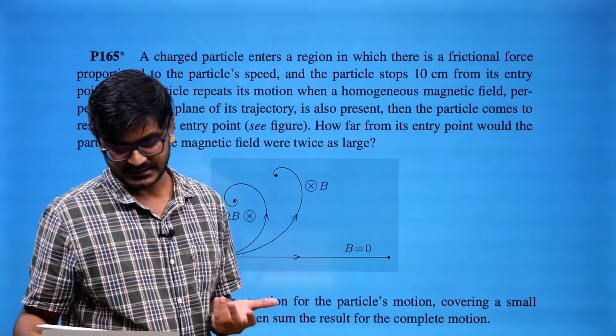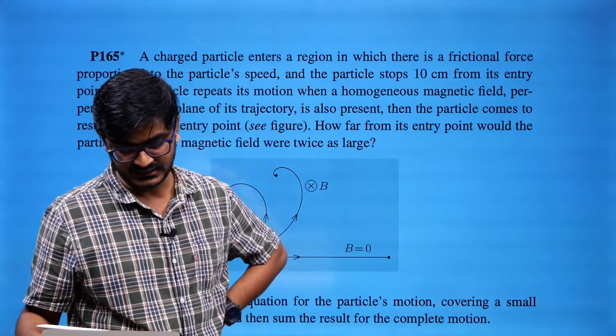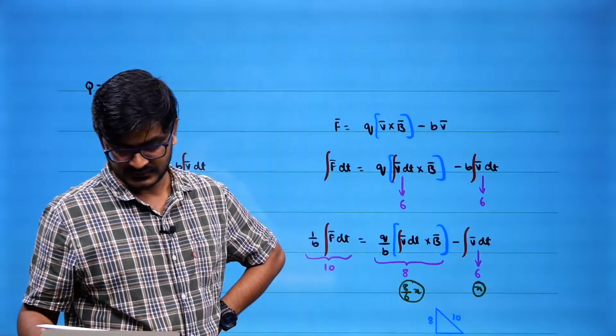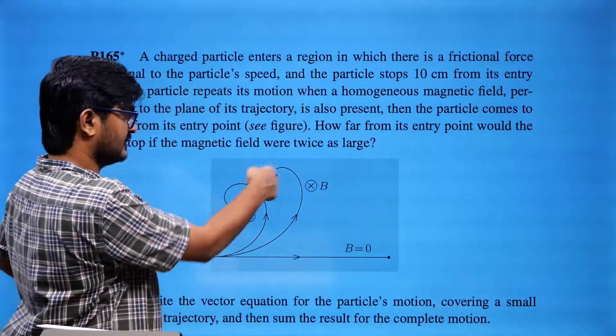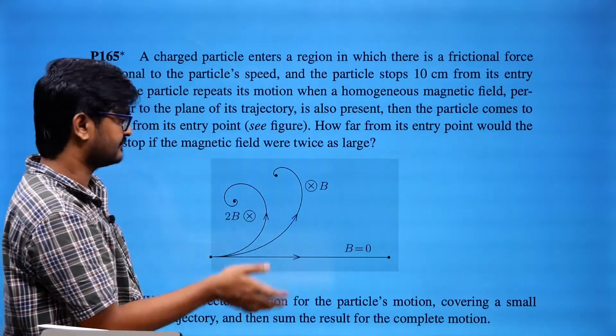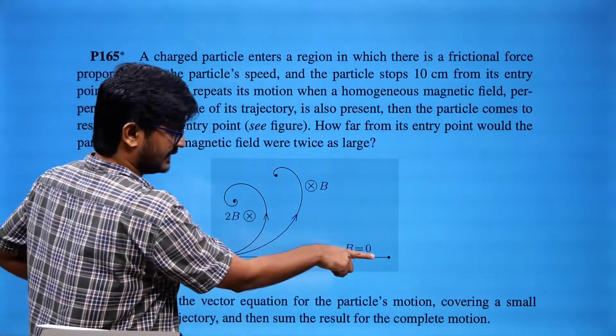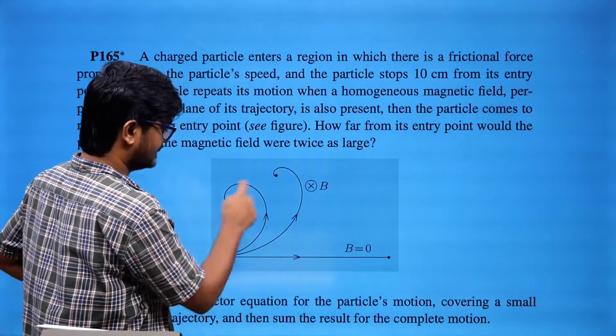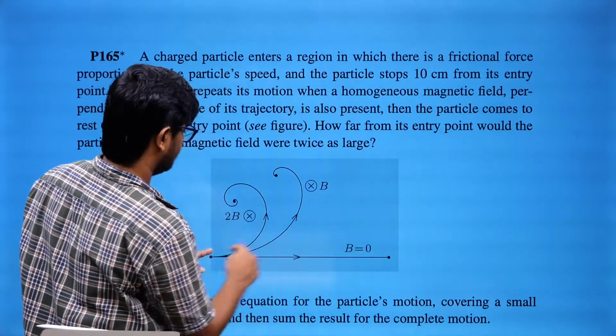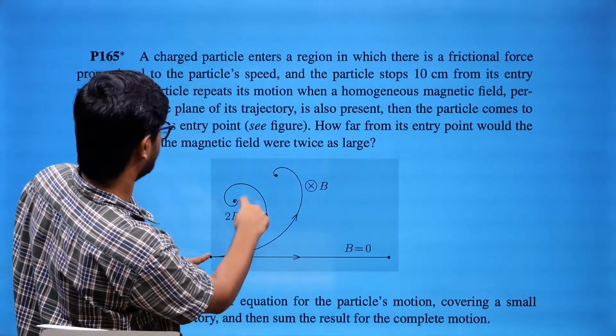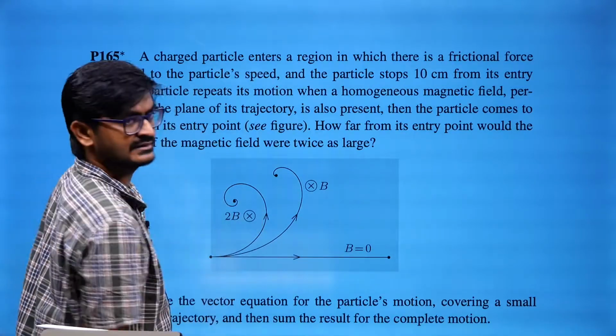How far from its entry point would the particle stop if the magnetic field is twice as large? So you can see it will be performing a spiral kind of motion. Now first case is this one, second case is this one, third case is this one. They have given this is 10, this is 6, and they are asking what is this?